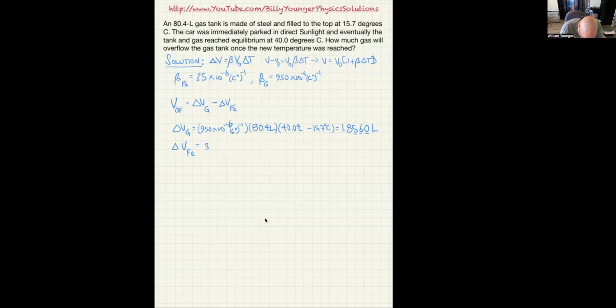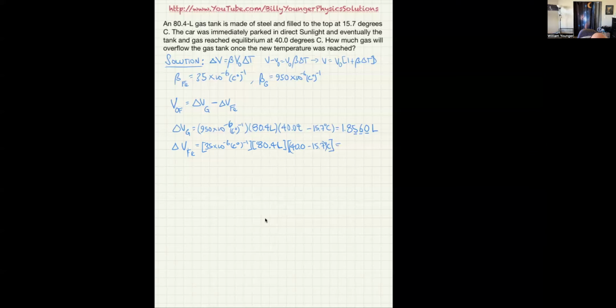So in this case, we're going to write 35 times 10 to the negative 6 reciprocal Celsius degrees times 80.4 liters, which is, of course, the volume of the tank, and times 40.0 minus 15.7 degrees Celsius in both cases. So I'll put those in parentheses.